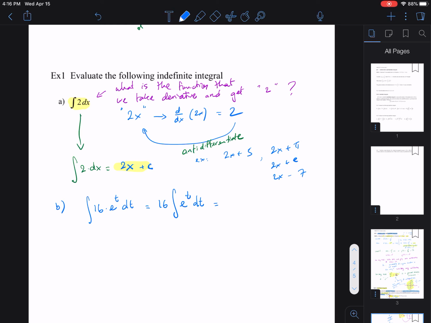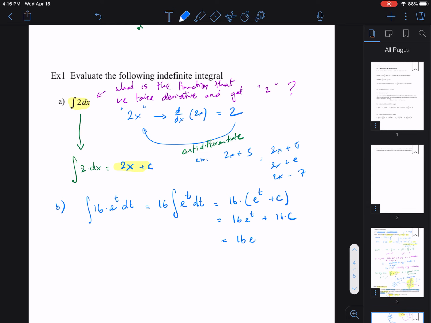The antiderivative of e to the t is e to the t plus some constant c, which gives us 16 e to the t plus 16 times c. You may ask, what is 16 times c? Well, c represents a constant that could be any number, so 16 times c is still just a number. Our answer is 16 e to the t plus a bigger C, for example, whatever the result of 16 times c is. It's just another number.